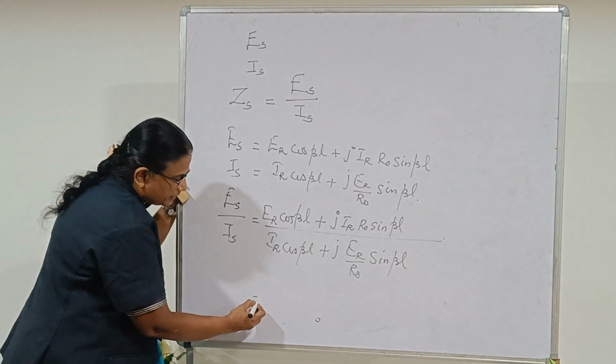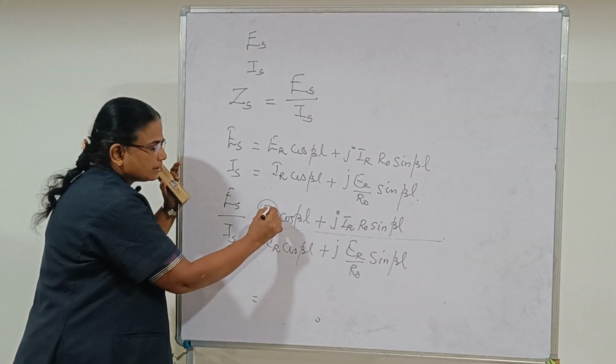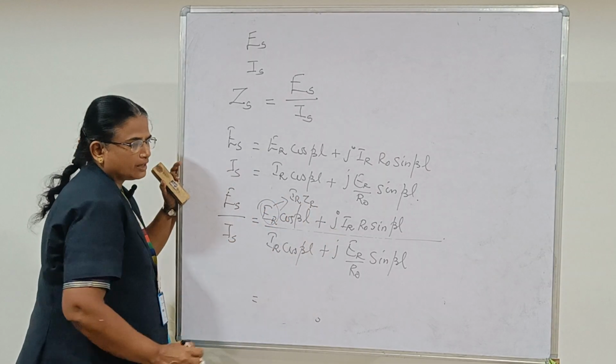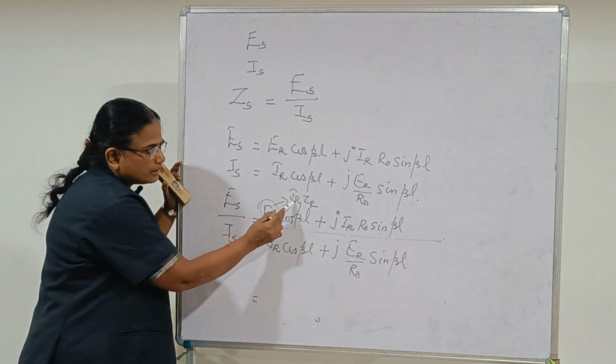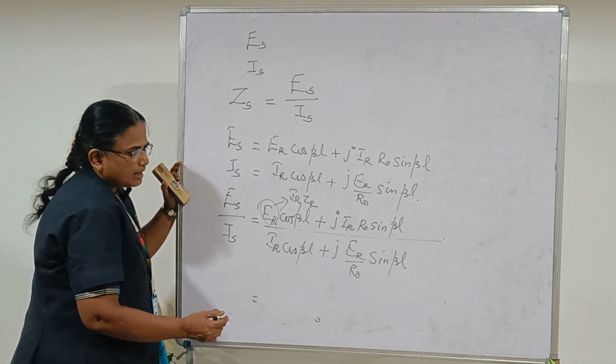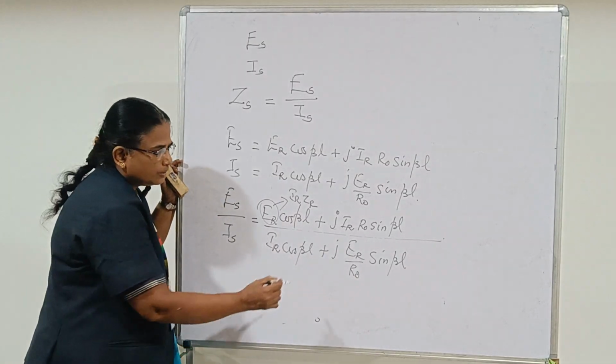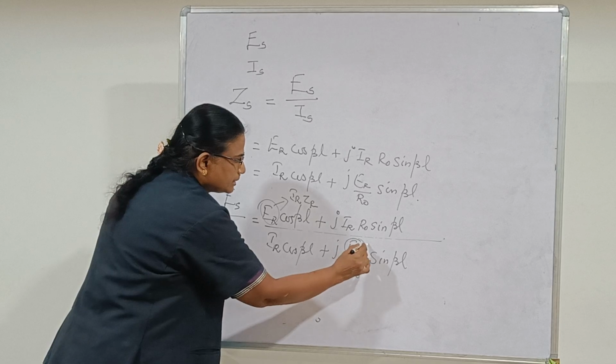Now from this we can write ER as the product of IR and ZR, so IR is common in the numerator, and here also we can write ER as IR into ZR.